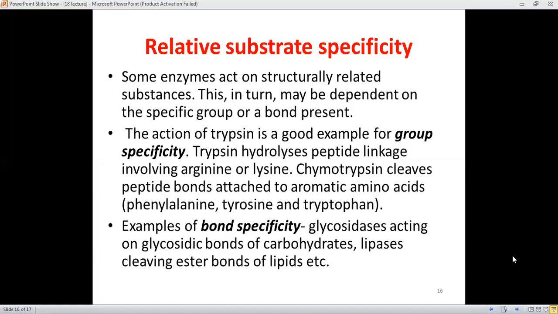It means that the enzyme acts on structurally related compounds, but it depends on the specific group, like the aromatic group, or the specific bond present. An example of bond specificity: glycosidases acting on the glycosidic bond of carbohydrates, lipases cleaving ester bonds of lipids. It means that it is relative substrate specificity when structurally related compounds are present and enzymes are acting on them.